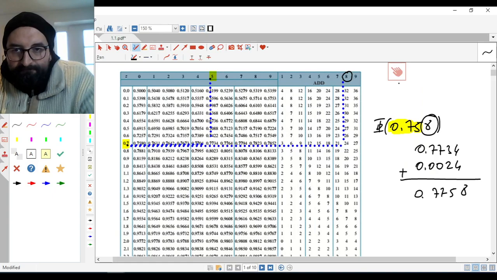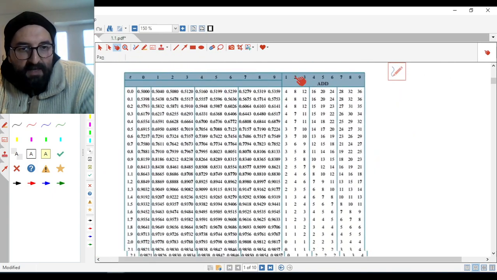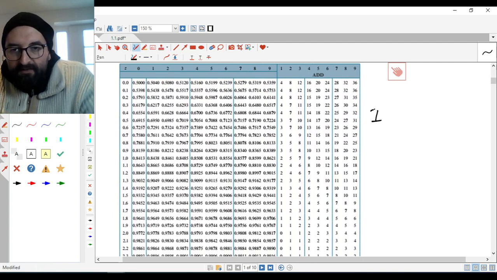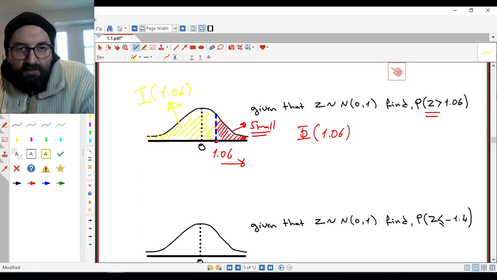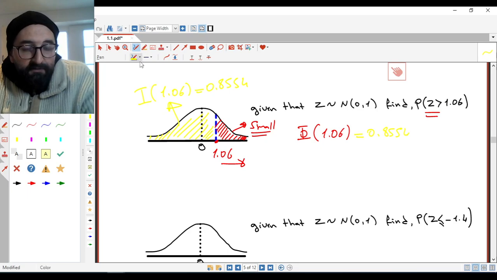Yes, we have to find phi 1.06. 1.0 is here, 6 here, and they are meeting here, and then we can say 0.8554. But we don't look for this area.